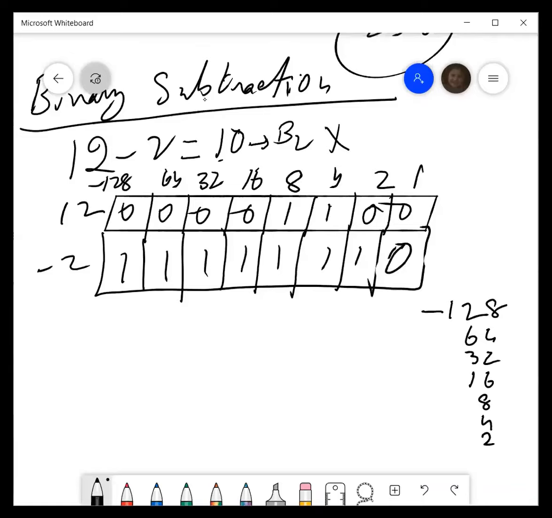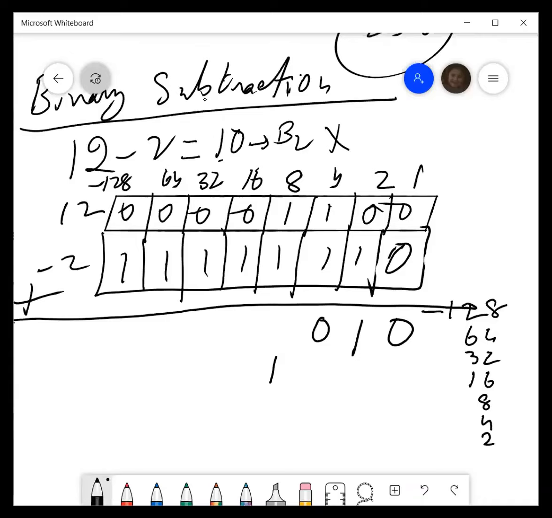So now let's add these. When we add, our subtraction automatically happens because one number is negative and the other is positive. So 0 plus 0 is 0. This is 1. 1 plus 1 is 0, carry 1.